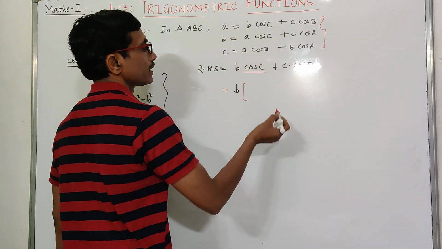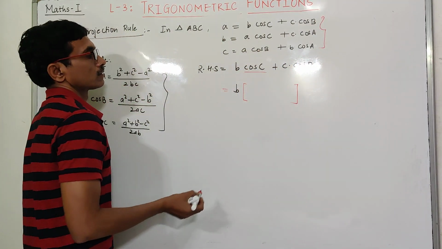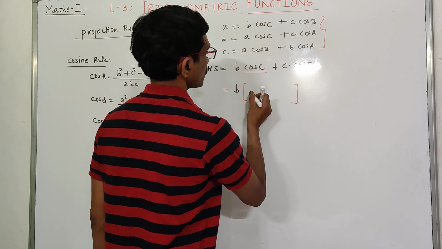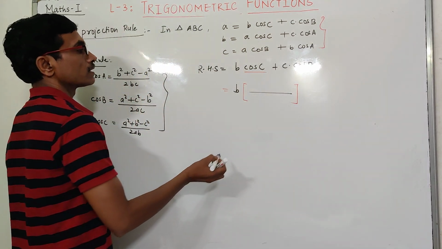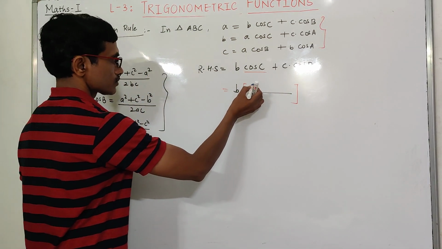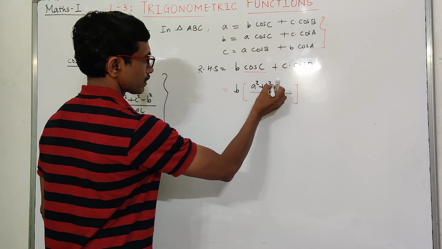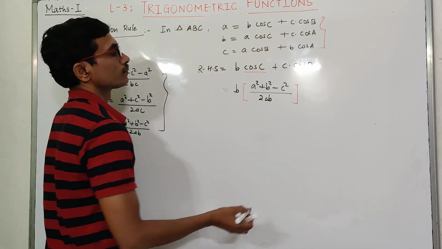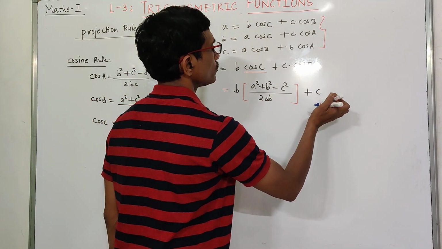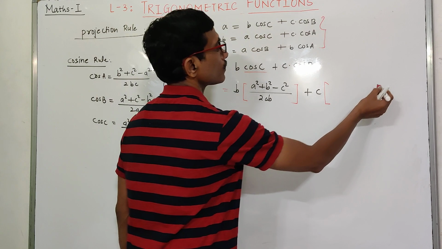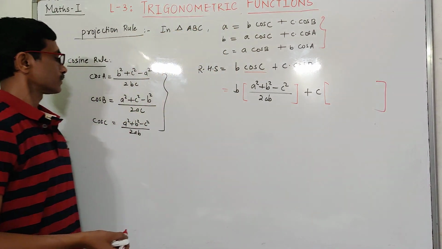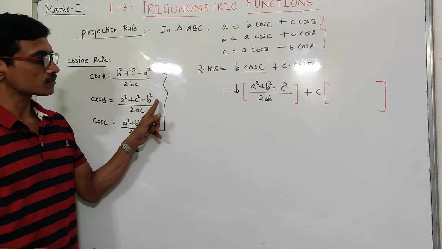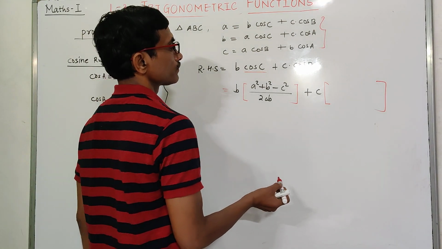We substitute over here. Cos C is equal to a square plus b square minus c square upon 2ab, plus c into cos B. Cos B is a square plus c square minus b square upon 2ac.